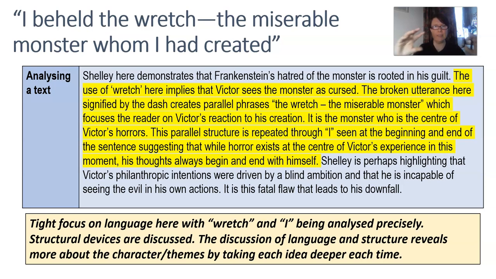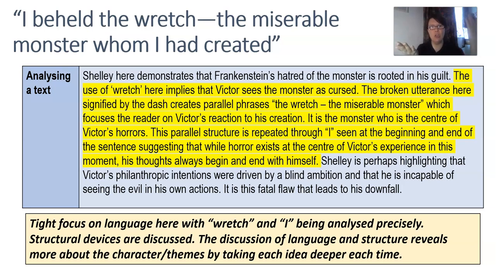So same ideas. And then in the middle, we have this tight focus on the language and structure of the words that are used to justify this idea. The use of wretch here implies that Victor sees the monster as cursed. The broken utterance, signified by the dash, creates parallel phrases.